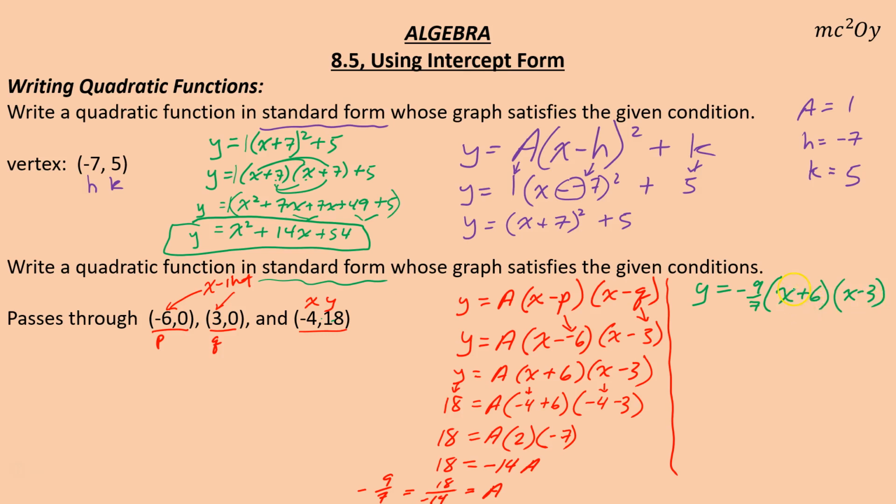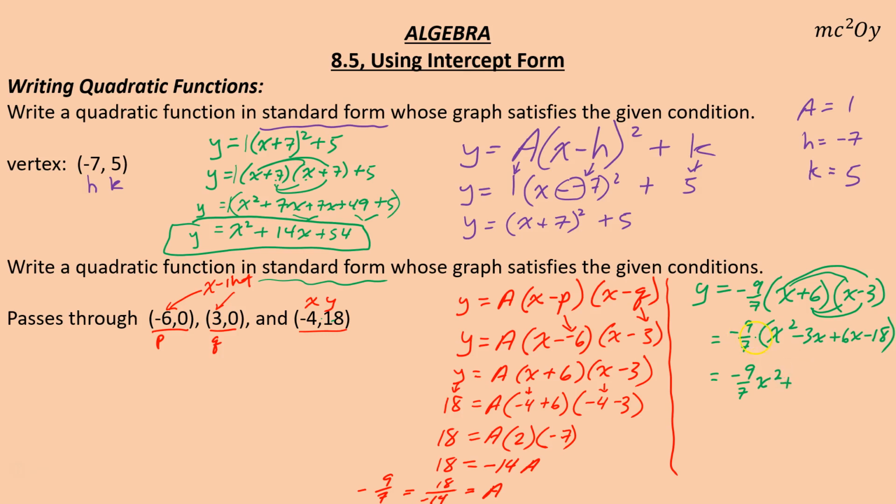Okay, so I'm going to multiply this binomial times binomial. I get x squared minus 3x plus 6x minus 18. And all that times negative 9/7, which gives me negative 9/7 x squared. Negative 9 times 3 is positive 27.